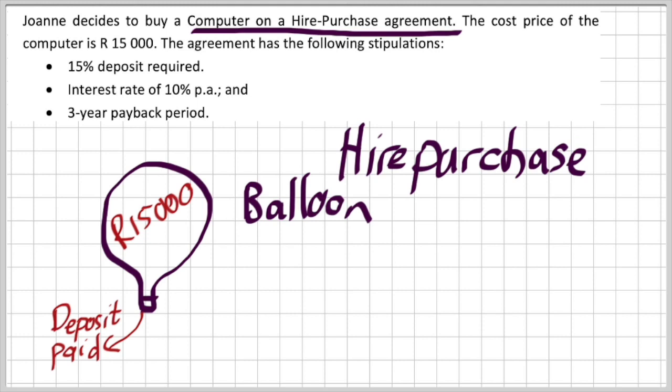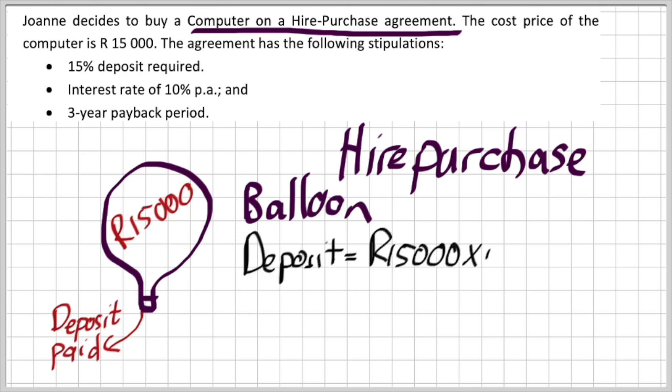How much worth of air? Well, 15%. So I'm going to basically say 15% of 15,000 Rand. So grab that calculator of yours and calculate 15% of that. Remember, you can put this in as a fraction, 15 over 100, which is 2,250 Rand.